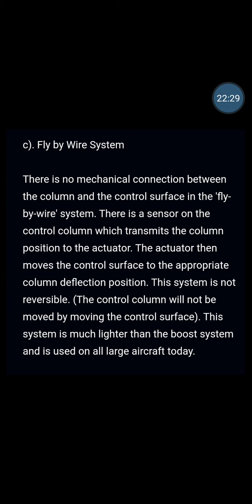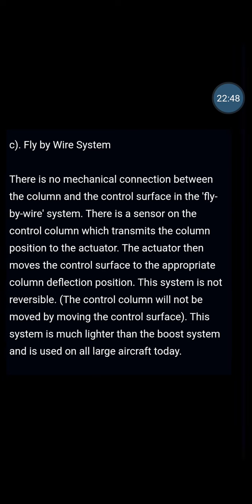This system is not reversible, so the control column will not be moved by moving the control surface. This system is much lighter than the powered system and is used on all large aircraft today.